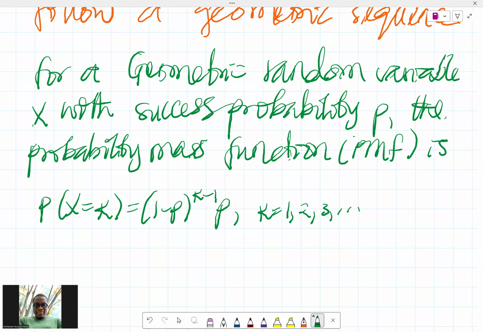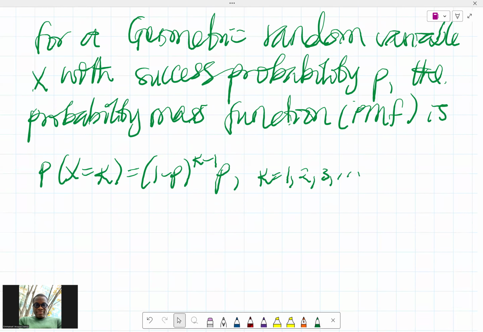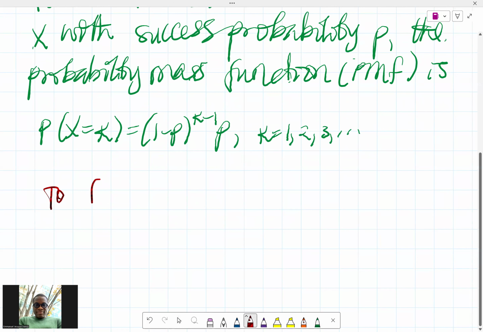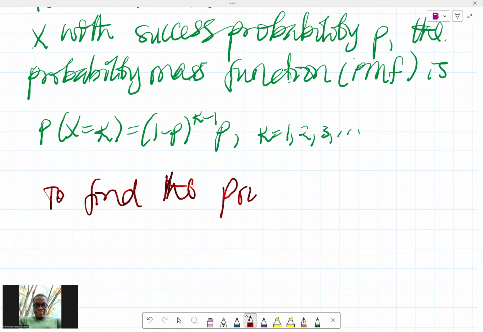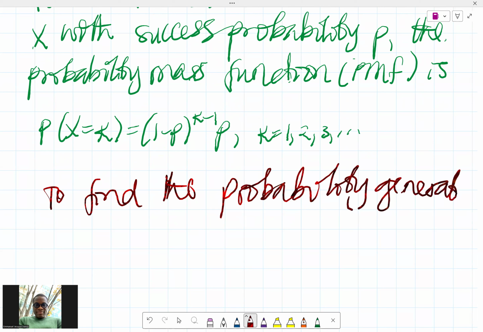So now we can move ahead and try to find the PGF, the probability generating function.